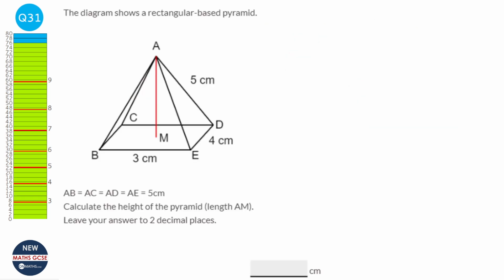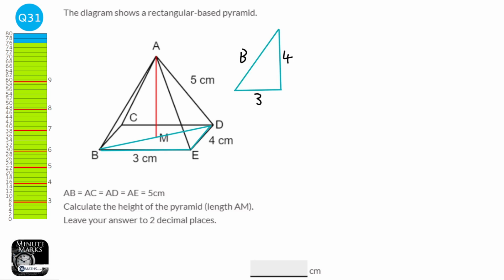I'm going to start off this question by finding length BD, and we do that by doing a little right angle triangle down here. And let's draw that right angle triangle out. Okay, so we've got a length of 4 on ED, length of 3 on BE, and we're looking for length BD. So we're going to use Pythagoras.